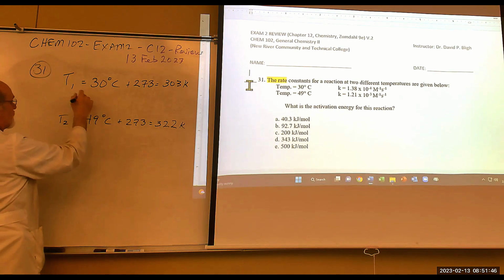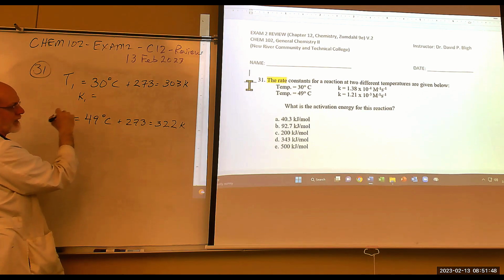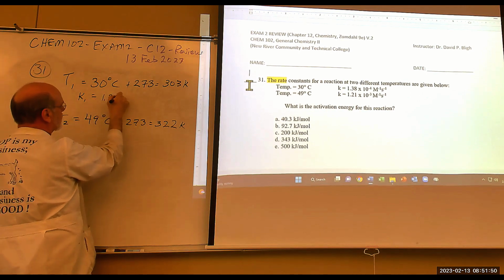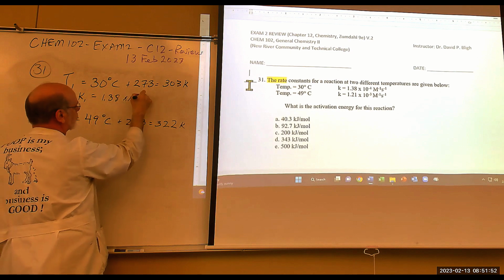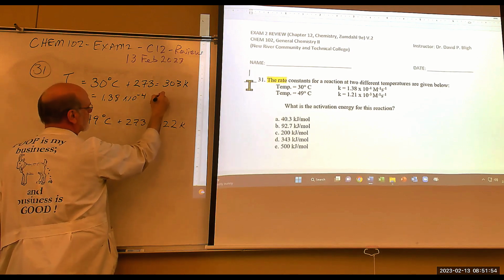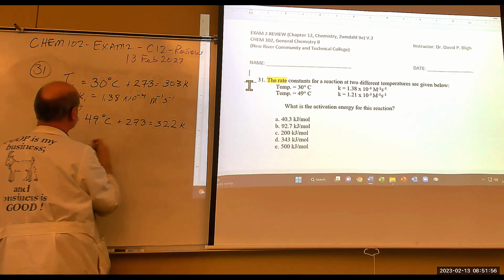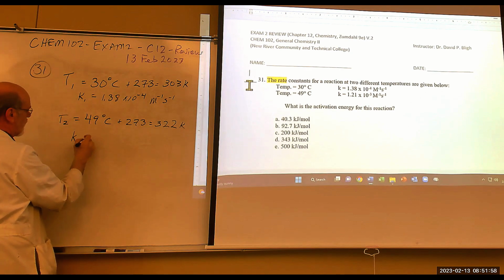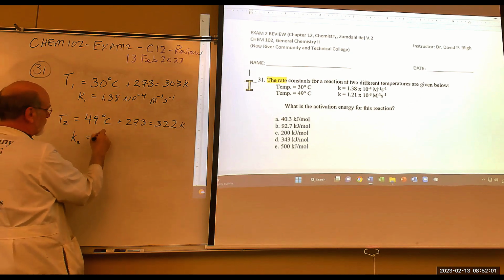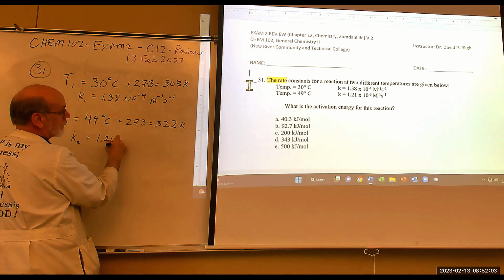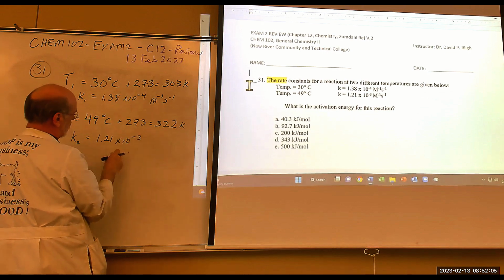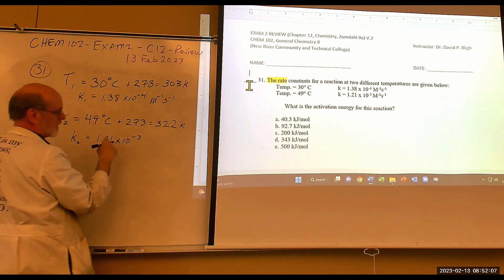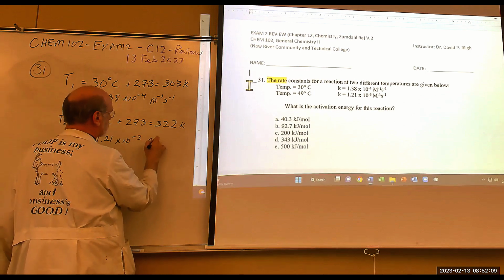Now k at this temperature is 1.38 times 10 to the minus 4 reciprocal molars, reciprocal seconds. And k2 at this temperature is 1.21 times 10 to the minus 3. And k has gone up with an increase in temperature, which seems reasonable.